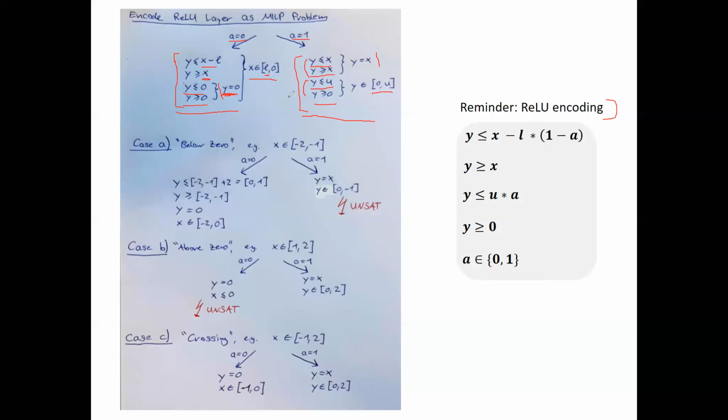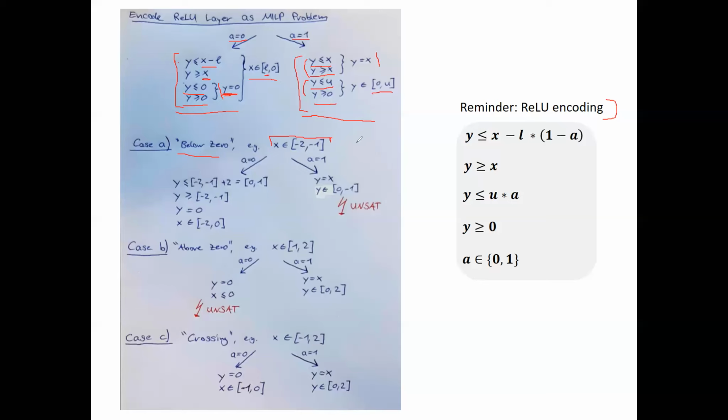So just to get even more intuition, let's look at an example here for the different cases. Let's look at the first case, below 0, where the neuron x, the input to the ReLU, is in some negative range, -2 to -1.